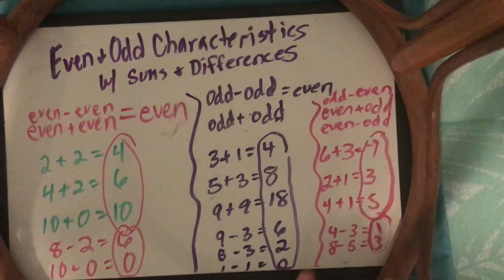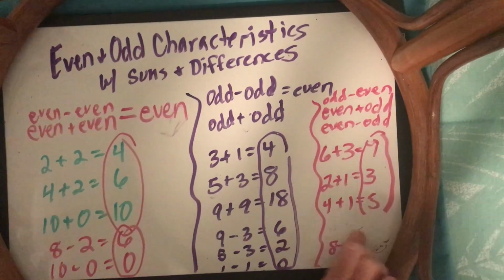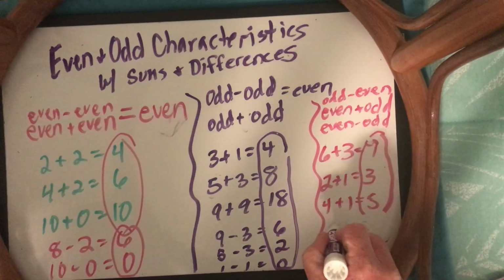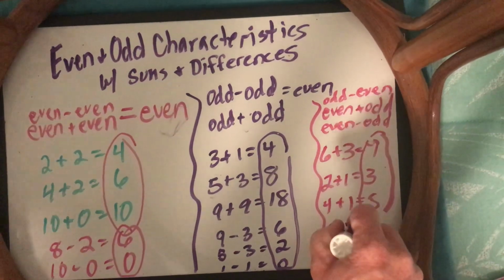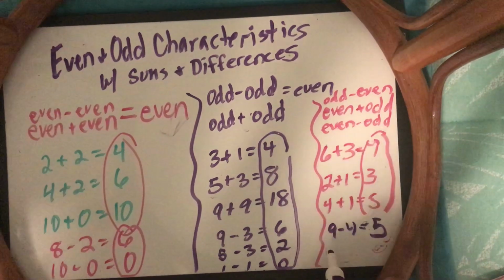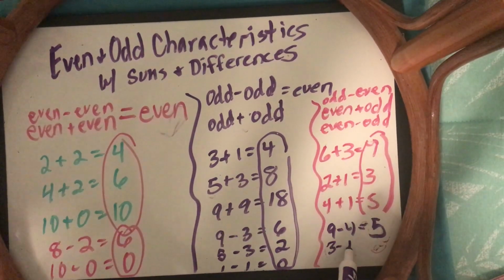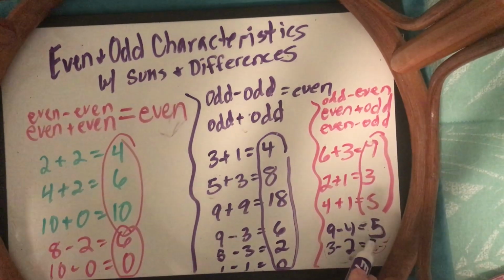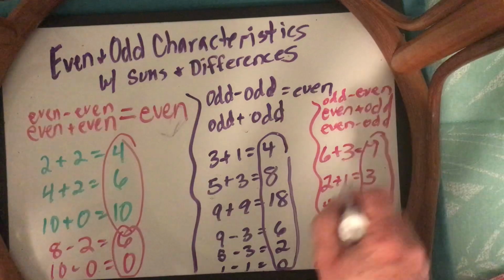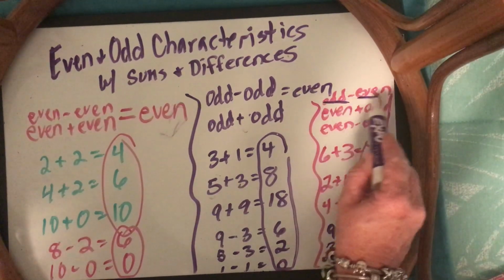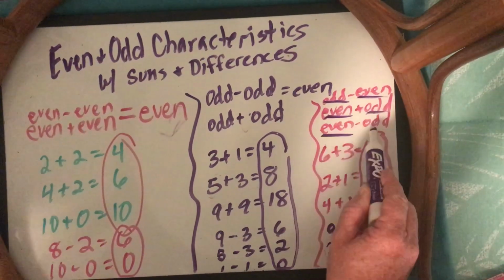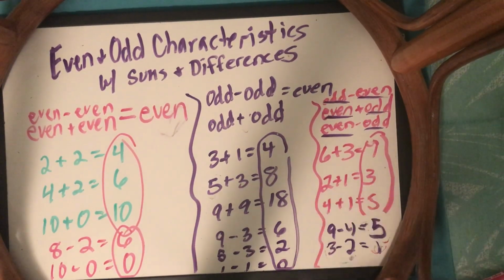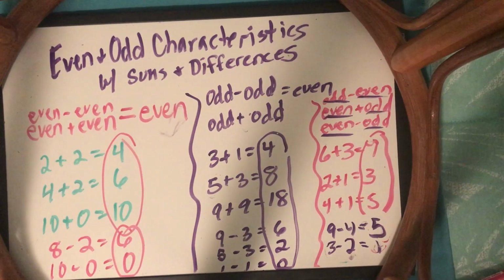So to do my odd minus even, that would be 9 minus 4 equals 5, odd. 3 minus 2, odd. Okay, so anytime you've got an odd and an even mixed together, you're always going to get an odd number for your answer.